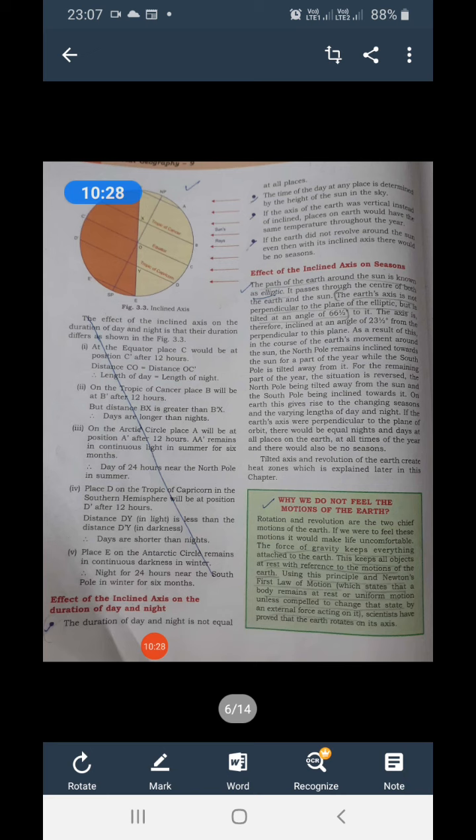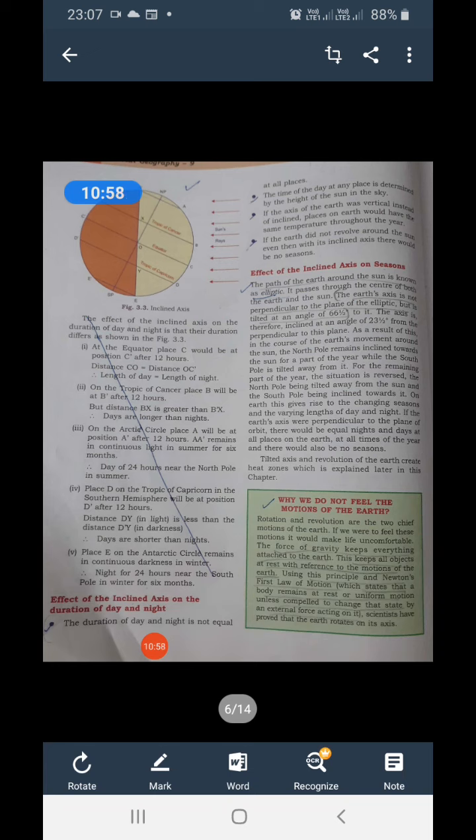When the Earth's axis is inclined, the duration of day and night is not equal at all places. You just learn this much because there's a detailed explanation when we will be doing seasons. Because we will be doing the change in seasons due to revolution of the earth, you will come to know how the change takes place in day and night. So day and night is not equal at all places.